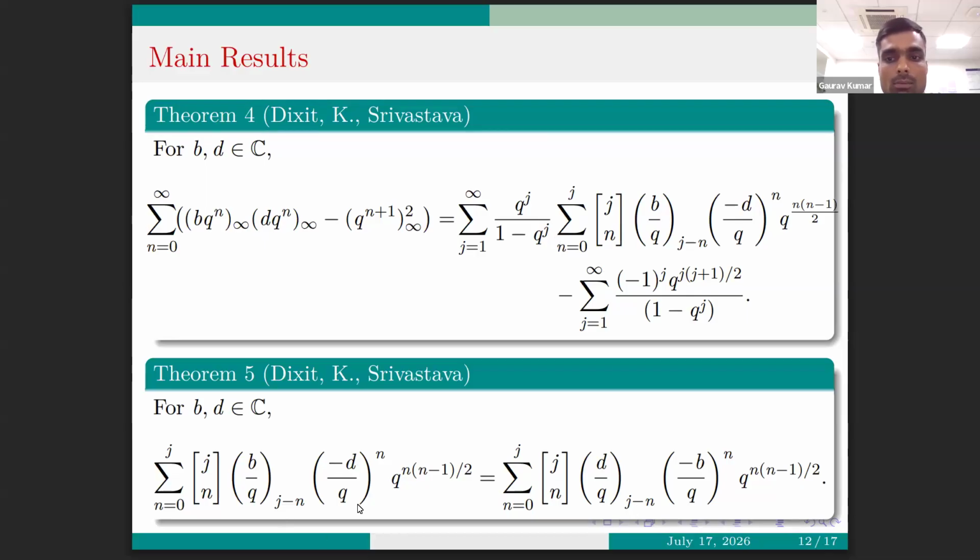In this particular representation, b upon q appears in a q-Pochhammer symbol, whereas minus d upon q has exponent n. And on the right hand side, d upon q appears in the q-Pochhammer symbol, and minus b upon q appears as an exponent. So these are two results that we were able to establish using our main theorem.